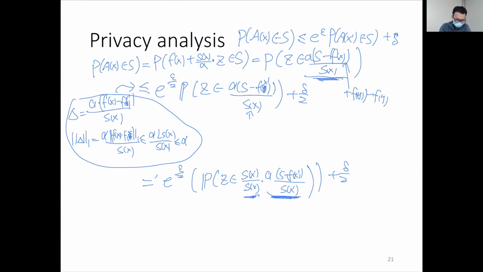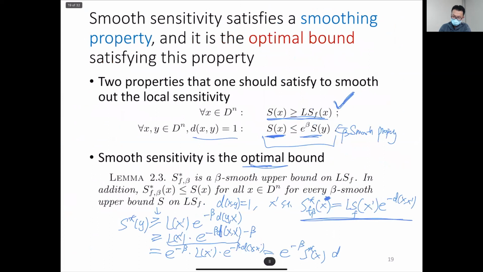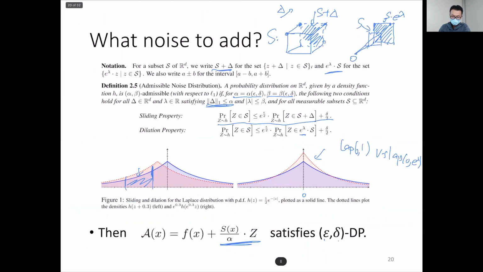But what is this s of x prime over s of x? By the smoothing property over here, whenever x and y are neighbors, we can bound their differences. We can bound the ratio by e to the power of beta, right?